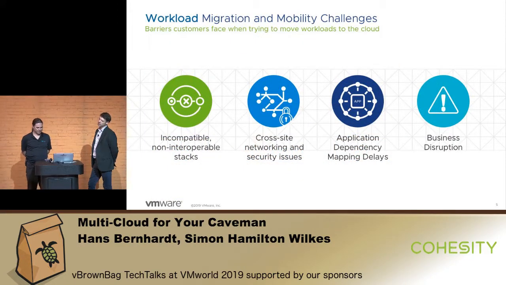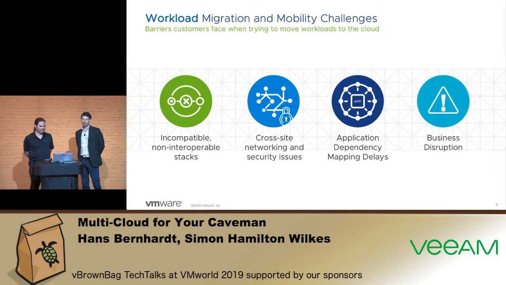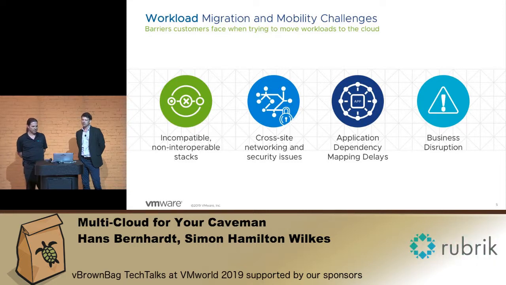So those migration and mobility challenges, mobility in the sense of the mobility of applications and VMs. Everything's incompatible. They're all running on these different stacks from different vendors and developed over different timescales.